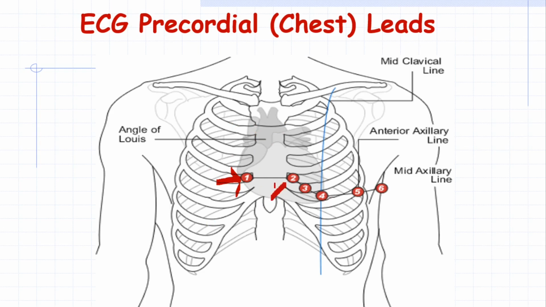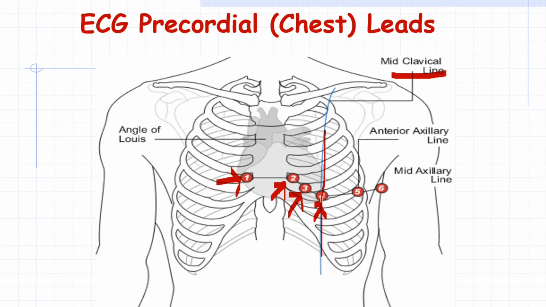Then this V2, this is kept over the 4th intercostal space, but it is on the left side lateral to the sternum. This V3, it is kept in between the V2 and V4. So we have to see the V4 where it is. The V4 is kept in the left 5th intercostal space, just inside the mid clavicular line. This is the point of apex beat.